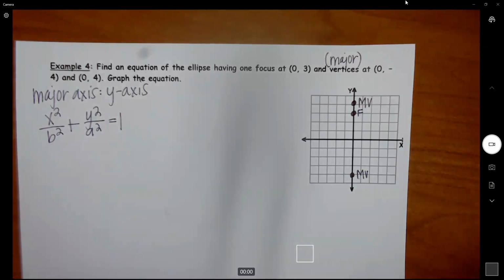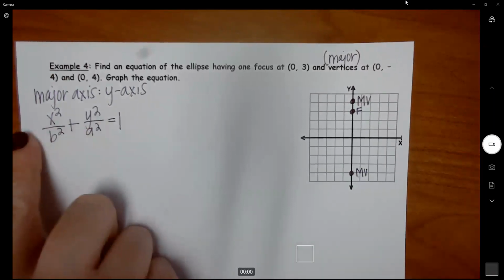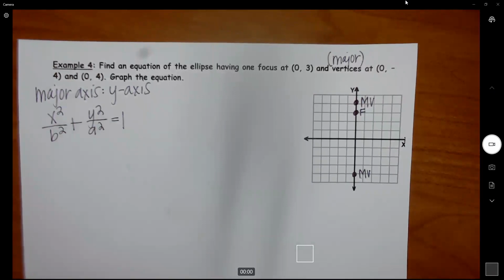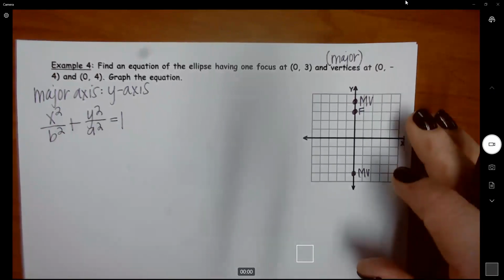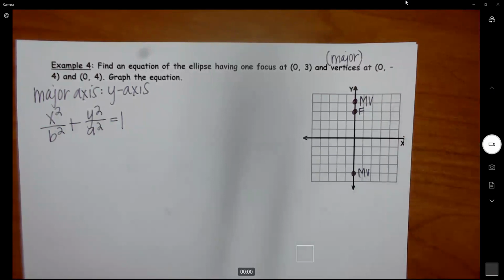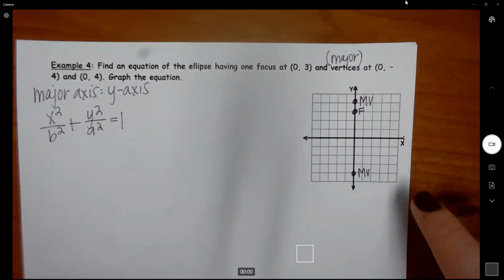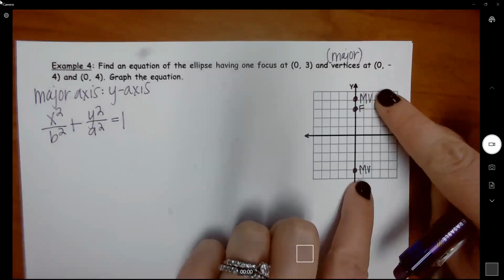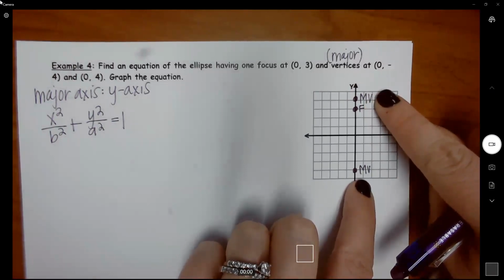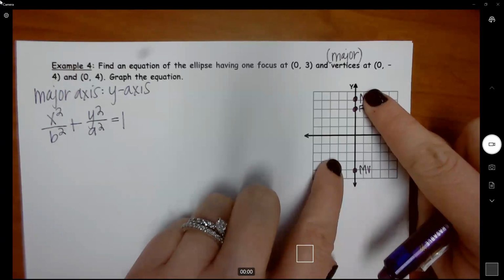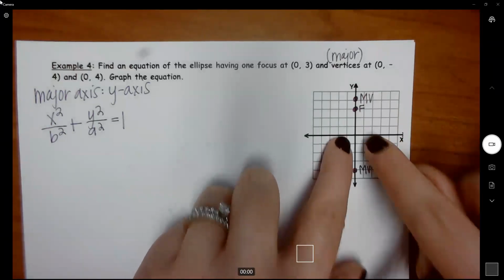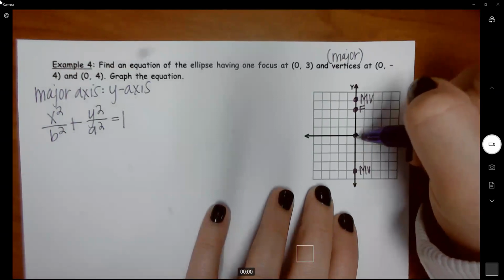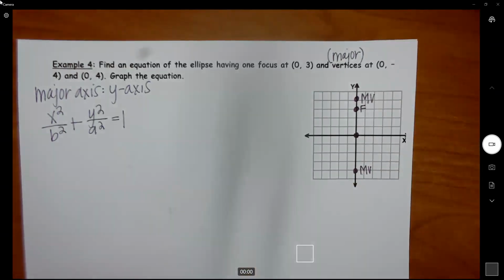I should also note that this already tells me that I know my center. And I do know my center, but it's not actually given to us. The center is always equal distance from your vertices. So since I was given both, if you keep going until you meet the middle, then we know that the center is right there at the origin.